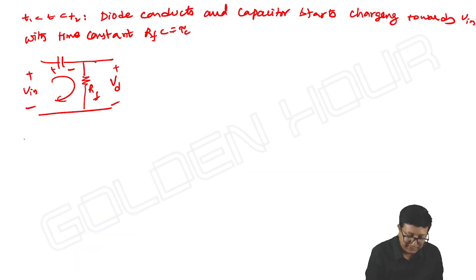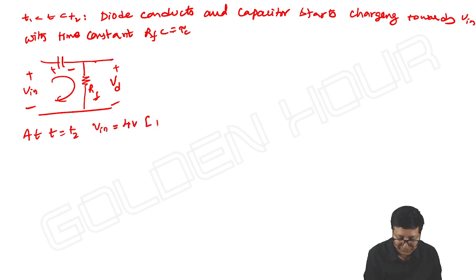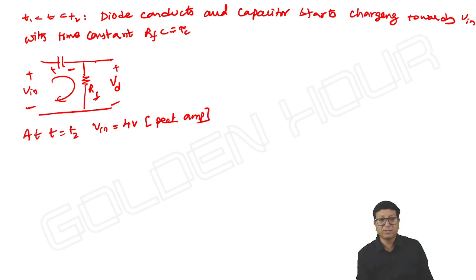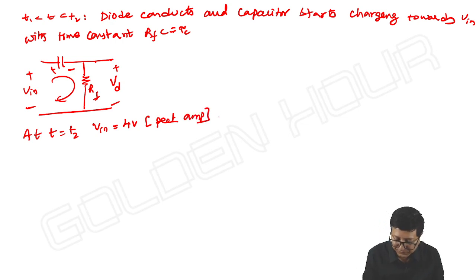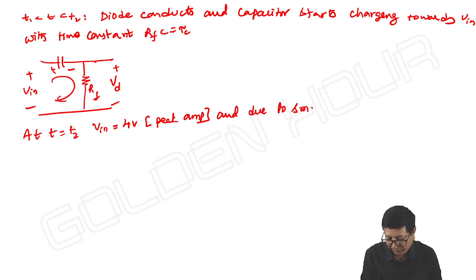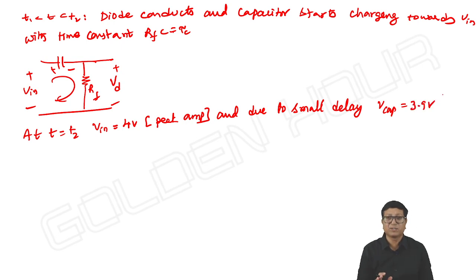Or I can write at t equal to T2, V input is equal to 4 volts, the peak amplitude. And due to small delay, V capacitor is not exactly equal to 4. It may be slightly less than 4, 3.9 volt.